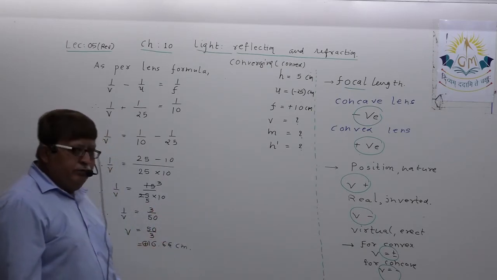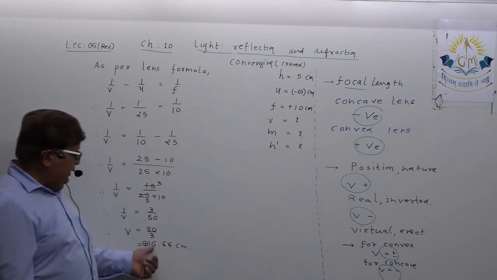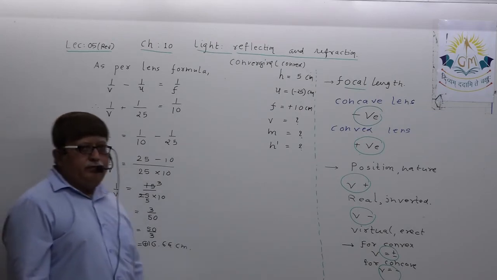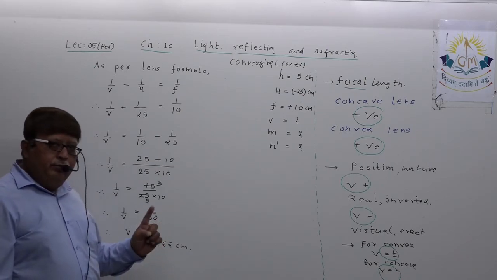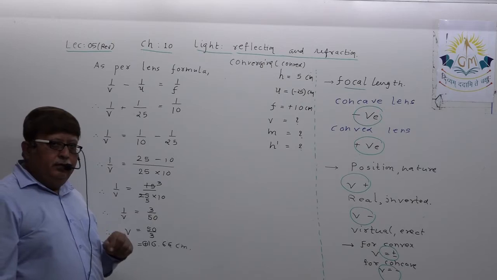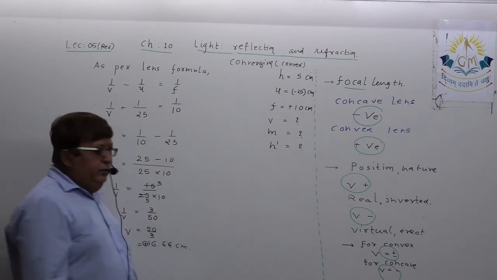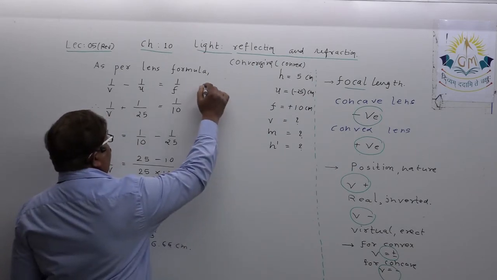And because V is positive, that is 16.66, that means M necessarily has to turn negative. Okay, let us continue here.